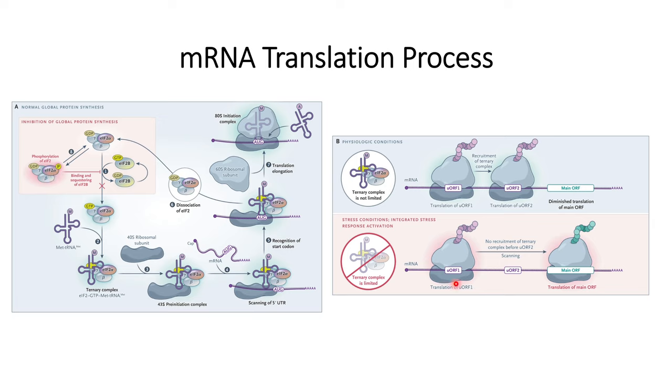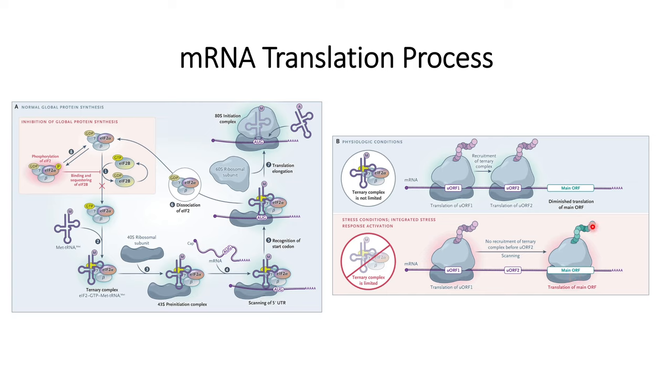Because of this, during the translation of upstream open reading frame 1, it will not recruit the ternary complex at the same capacity as in a normal condition. So the translation of upstream open reading frame 2 will not be completed by the time main open reading frame translation starts.